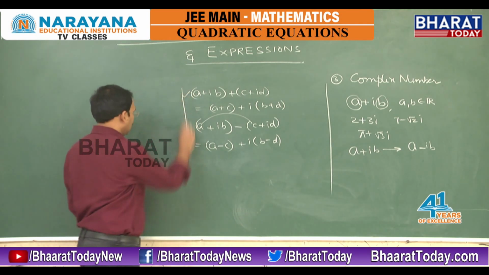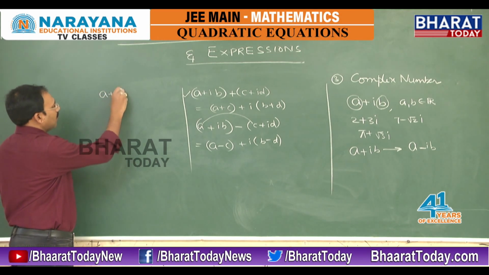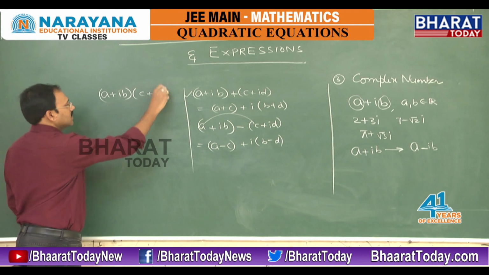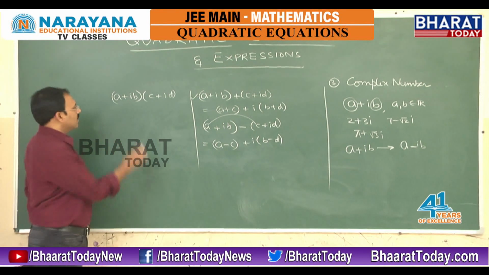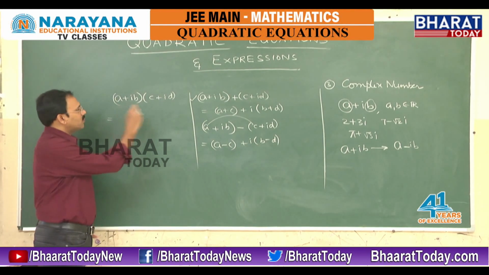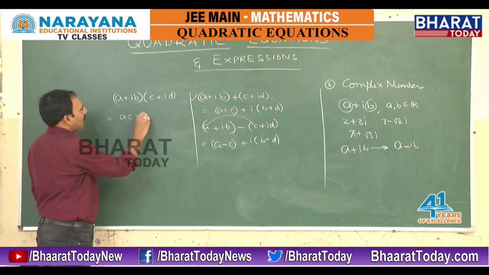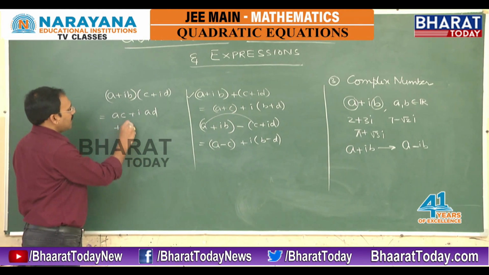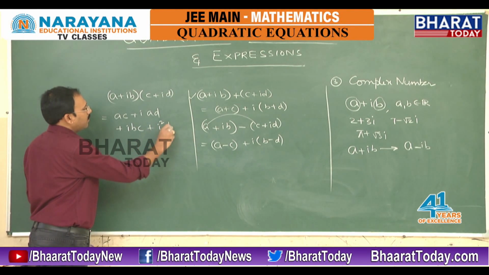Now the third, multiplication of two complex numbers. If I want to multiply a plus ib into c plus id, we just multiply like the distributive law: a into c, ac, plus i ad plus i bc plus i square bd.